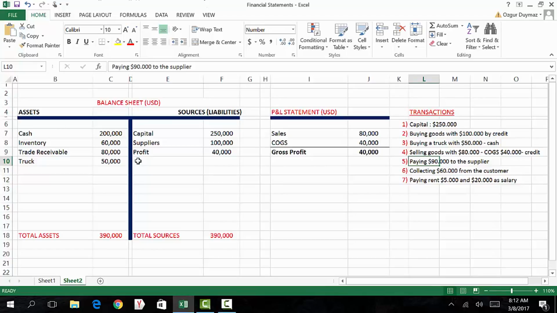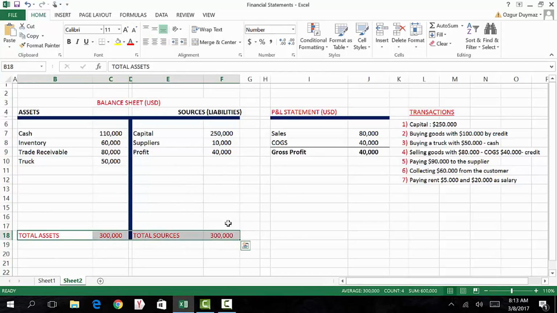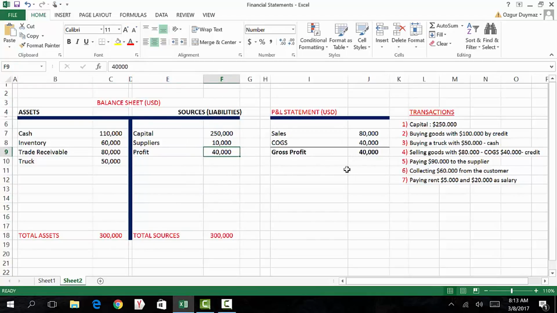You know, we paid from cash $90,000 and our new debt is $10,000 only. Let's check if it's true or not. Look at the total assets and sources, they are the same. Our profit amount on the balance sheet is the same as gross profit on the profit and loss statement.